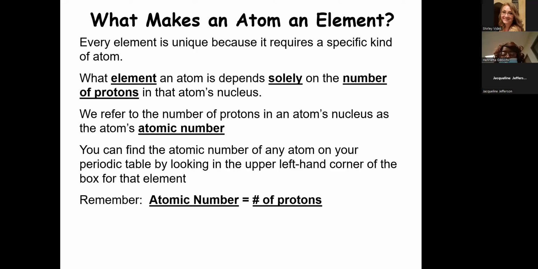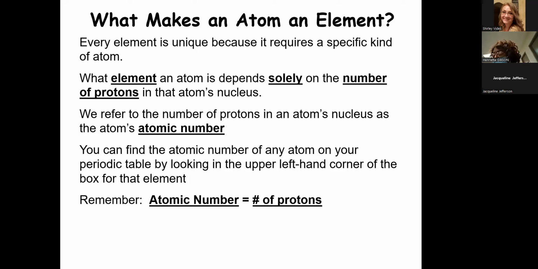So the atomic number in the periodic table that I gave you is the number on top, in that little square that each element has. When you're looking at that number, you know the atomic number is equal to the number of protons.